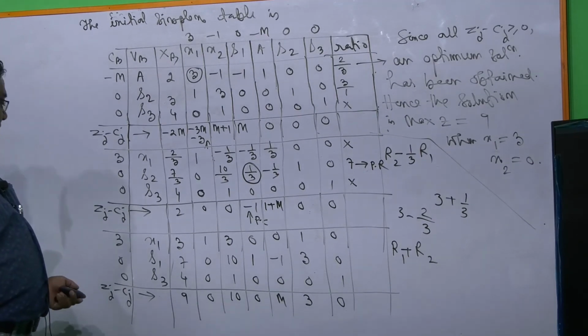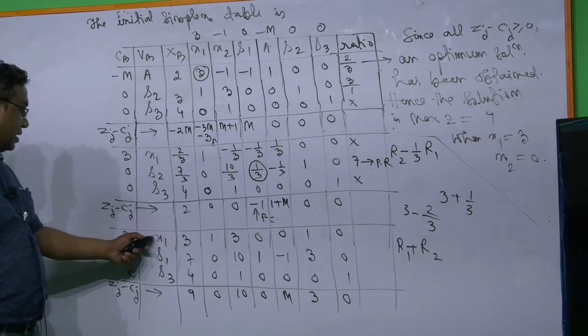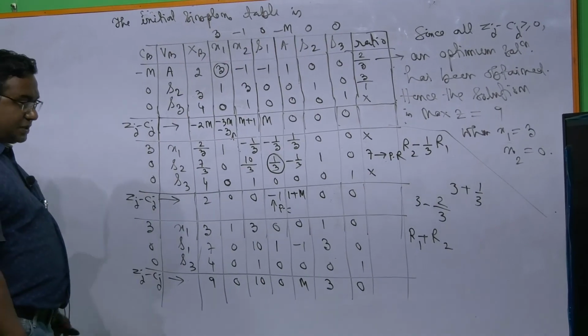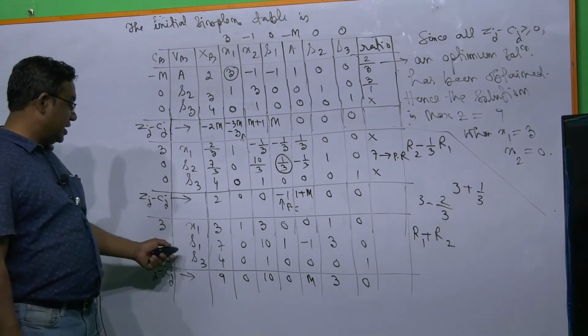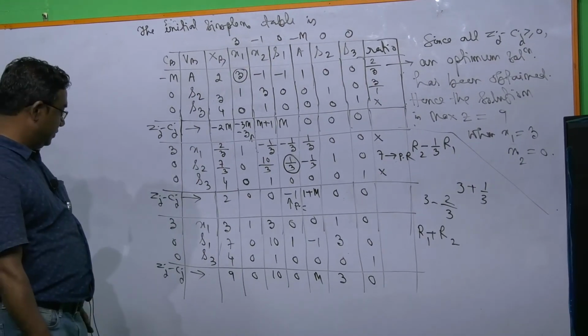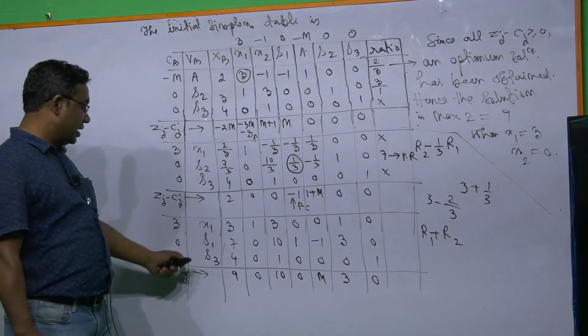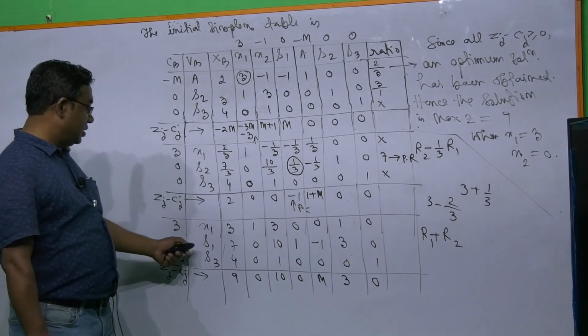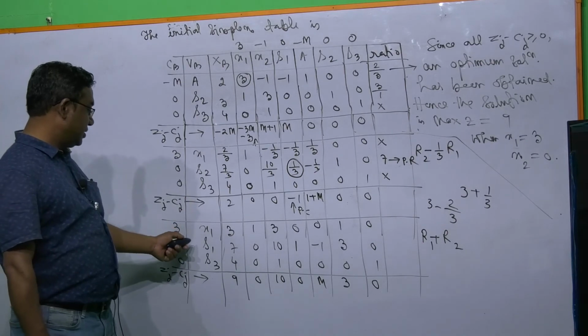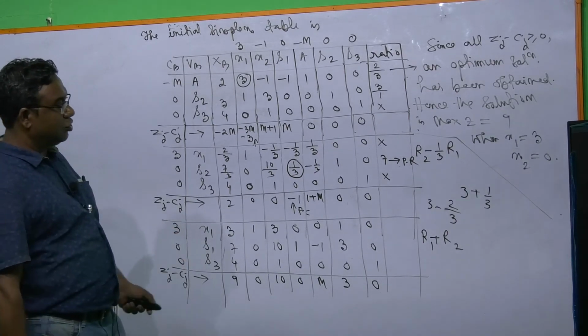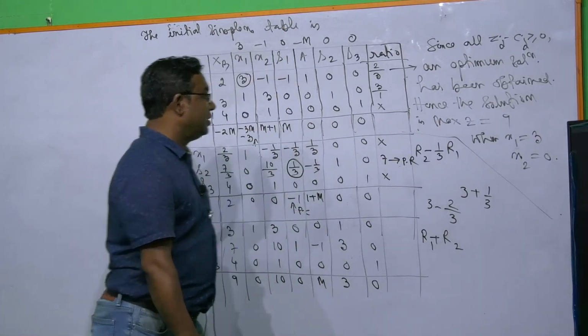If an artificial variable occurs in the last simplex table, then we say that the problem has no solution. But here there is no artificial variable, so the given problem has an optimum solution. So the optimum solution is this.